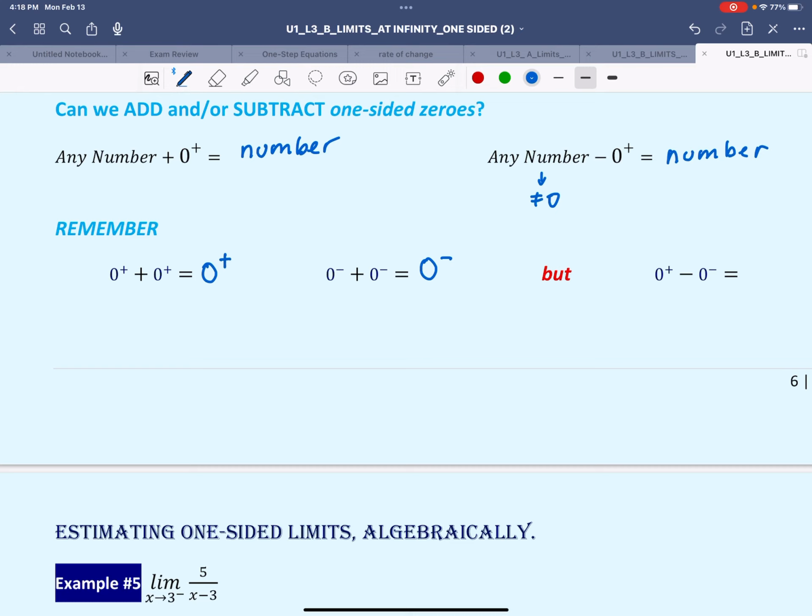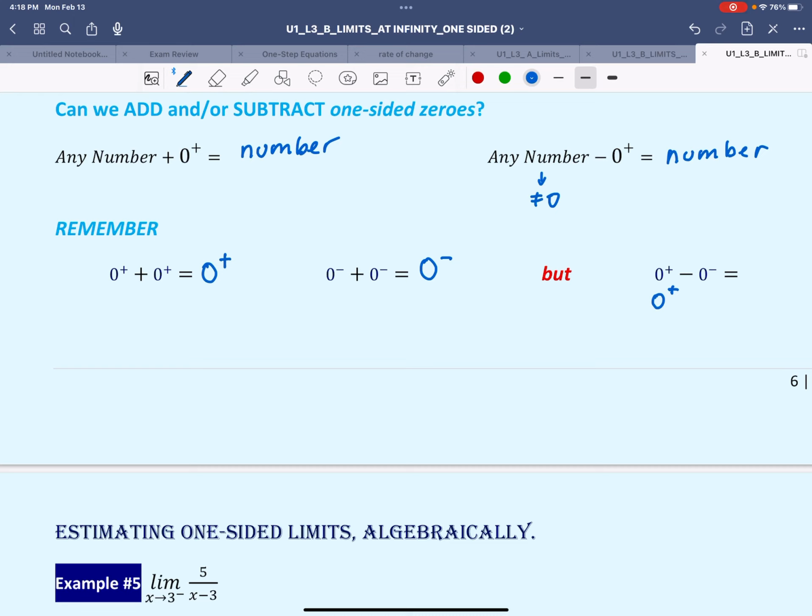But when it comes to subtracting zeros, for example, 0 plus minus 0 minus, or even 0 plus minus 0 plus, or 0 minus minus 0 minus, all these operations are impossible to estimate.